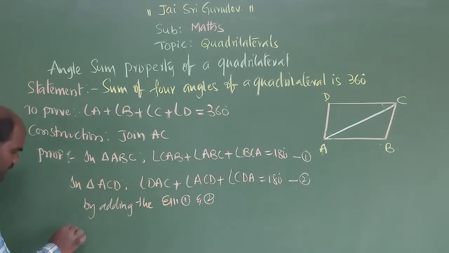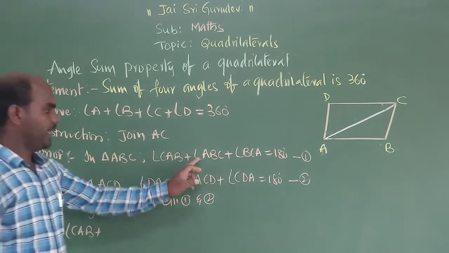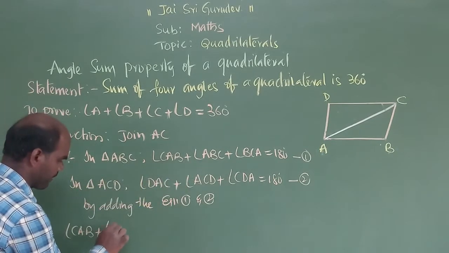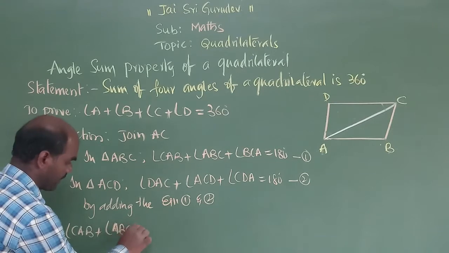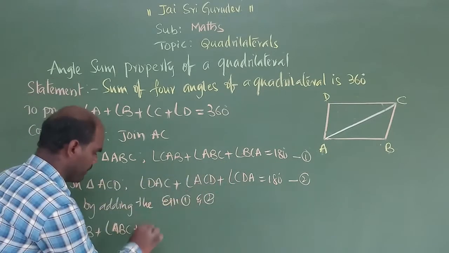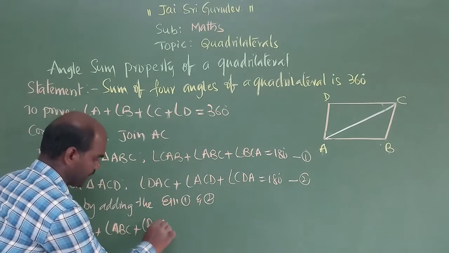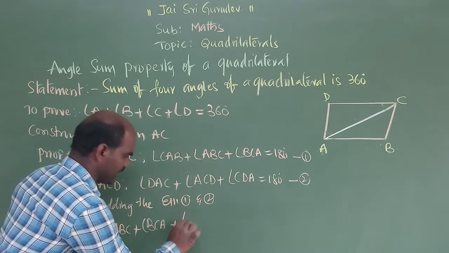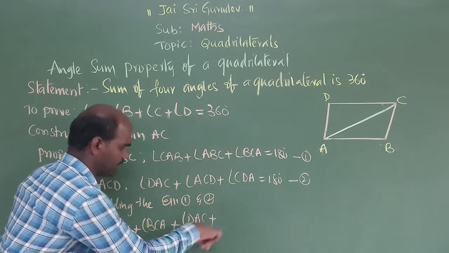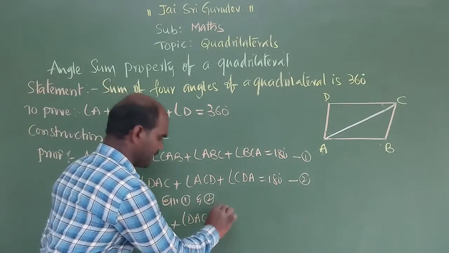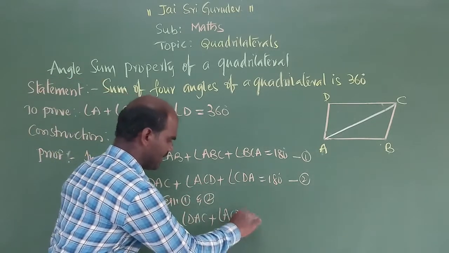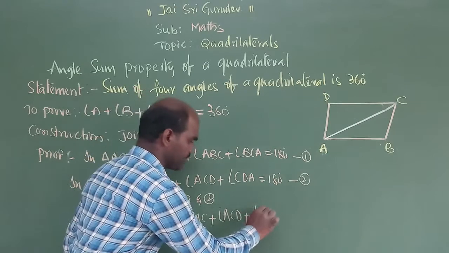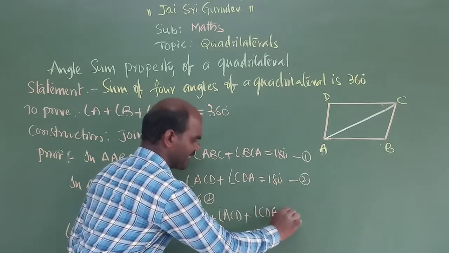That is angle CAB plus angle ABC plus angle BCA plus, what is the second one, children, angle DAC plus angle ACD plus angle CDA is equal to.